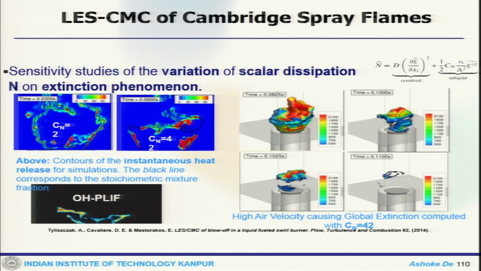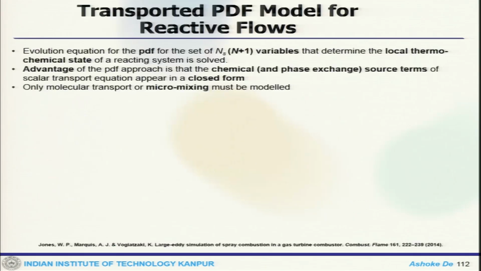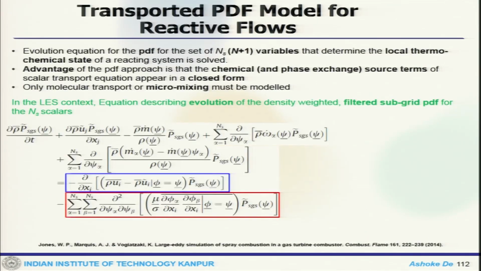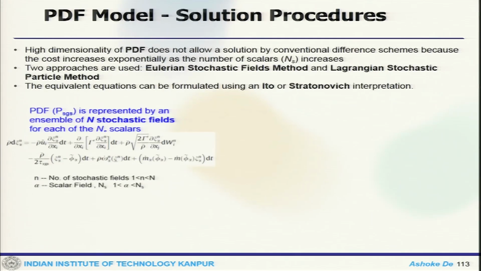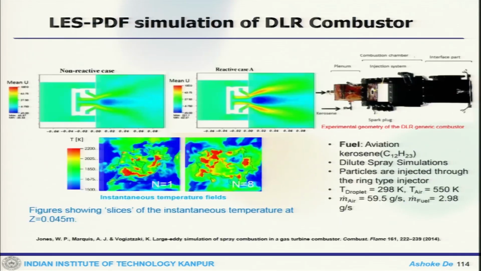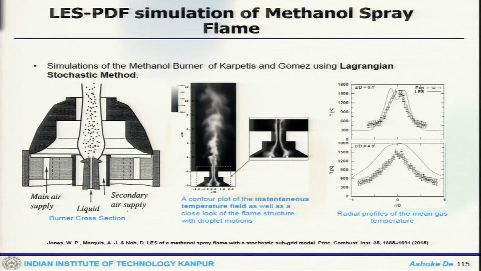And of late, there is one more advancement, the transported PDF approach. You can go through this literature where they have used LES. I will show you some of the images: this is the non-reactive case, this is the reactive case, and this is the fuel.